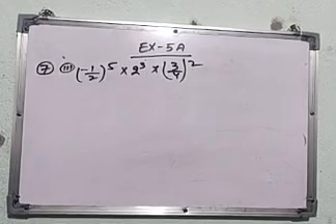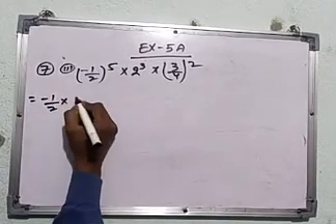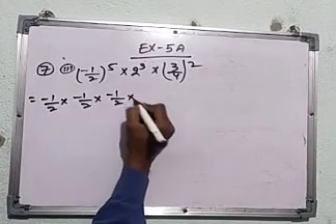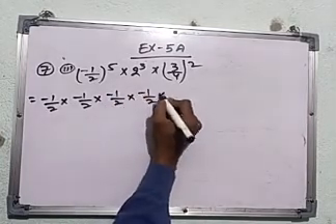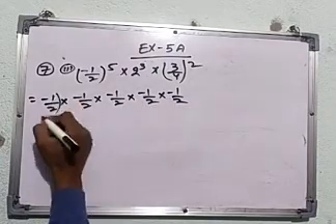So first you write minus 1 by 2 five times: 1, 2, 3, 4, 5. Take in bracket.